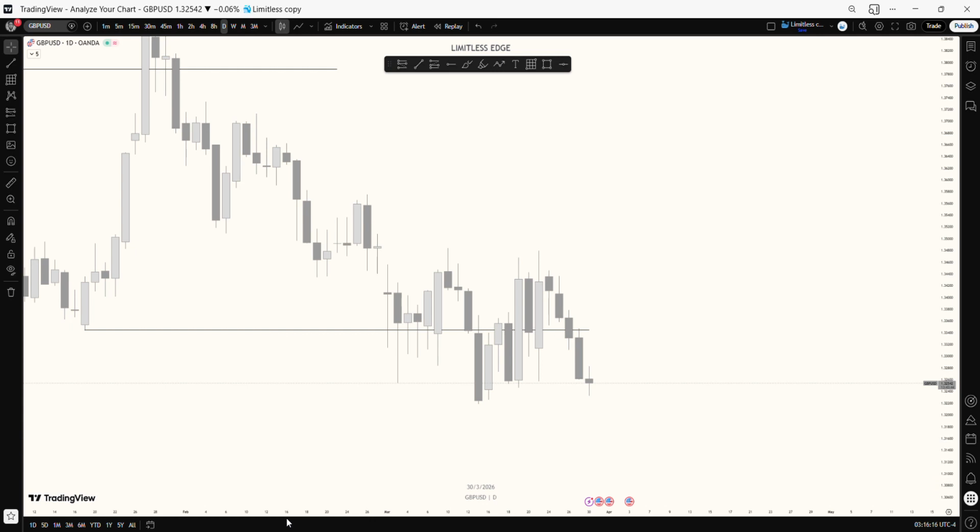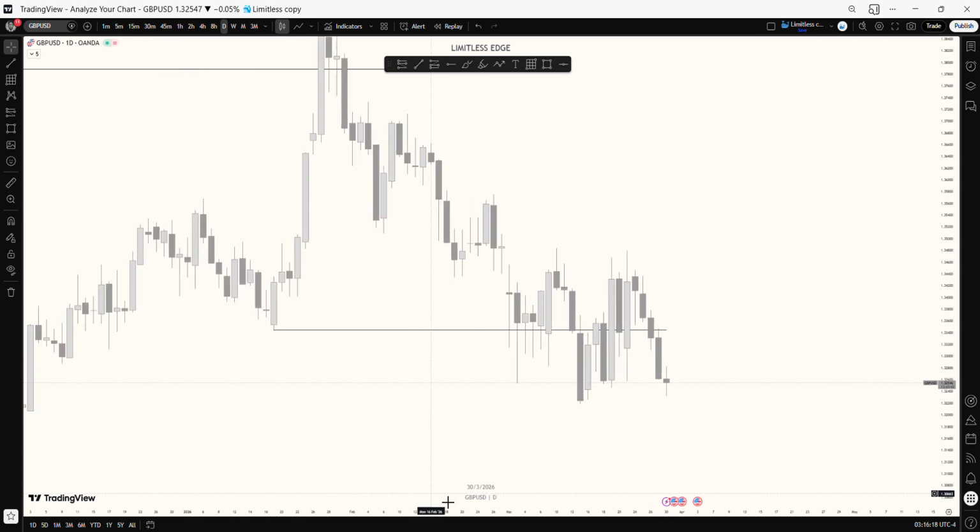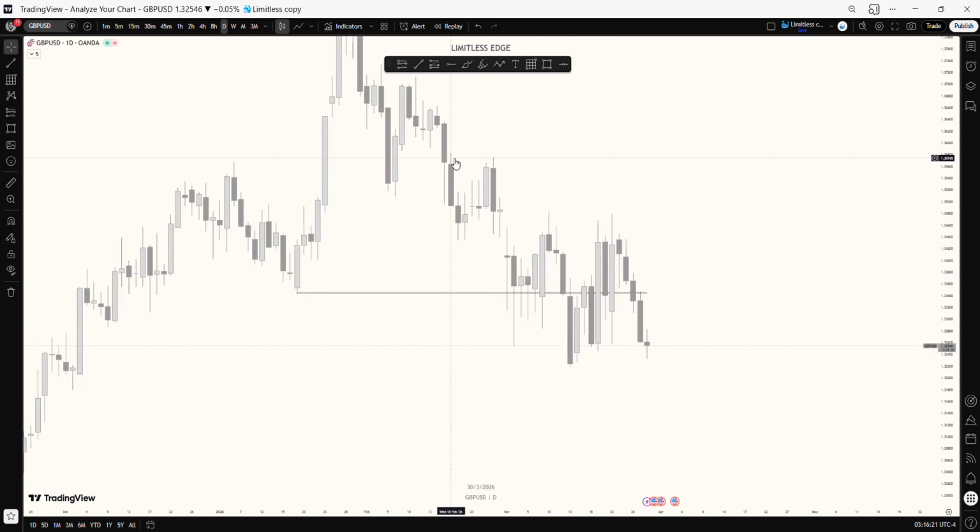Now on the daily, the same thing is happening. Key level, and yes, this is similar to what I missed on GU. Now you can see this candle range high and candle range low right here.